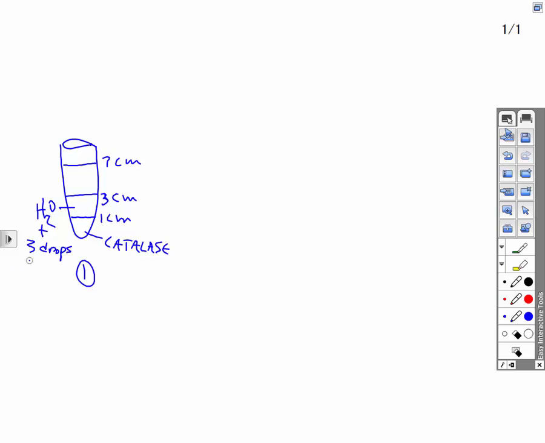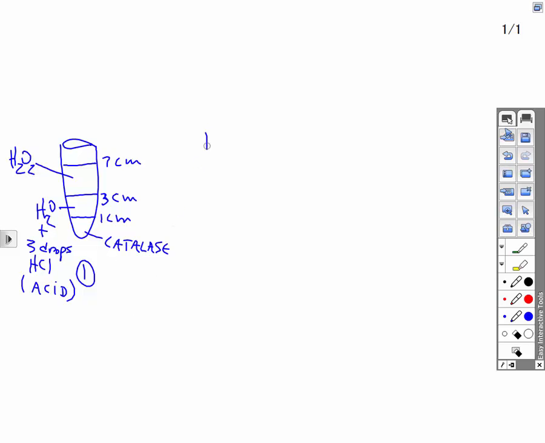That should be plenty to reduce the pH. This is an acid, so that water has been adjusted to make sure that it is acidic. And then to the last centimeter, we're going to put hydrogen peroxide. So into this, we'll put H2O2. All right, that's tube 1.